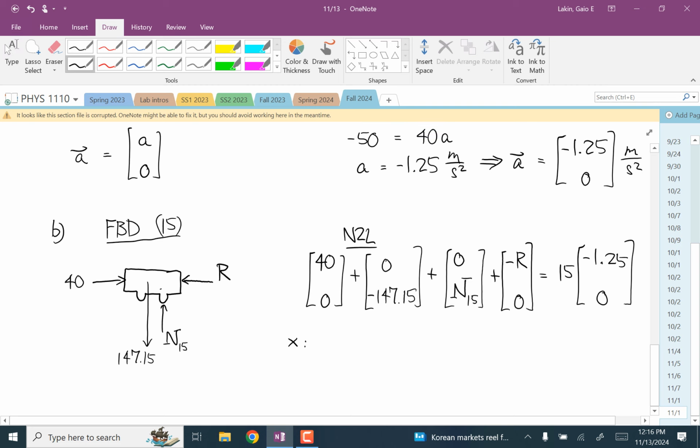And the x equation here says 40 minus R is equal to 15 times negative 1.25.